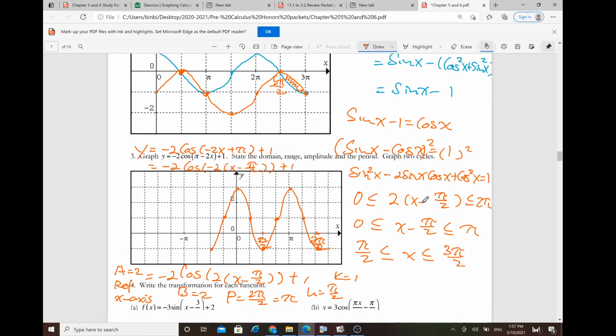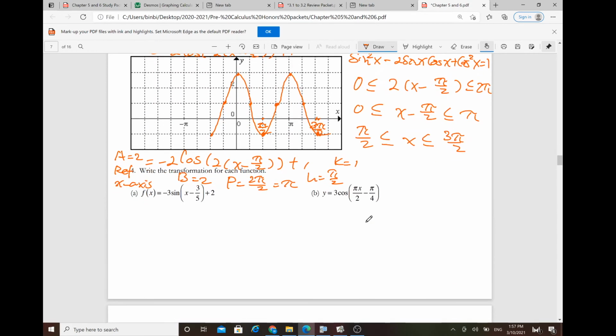Okay, so now let's see what else we have right here. Write the transformation for each function. So again, this one you just describe it. So y equals negative 3 sine of x minus 3 over 5 plus 2. Compare and contrast: a sine of capital B x minus h plus k.